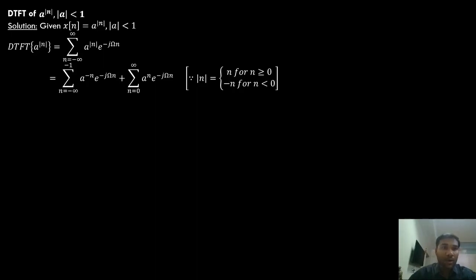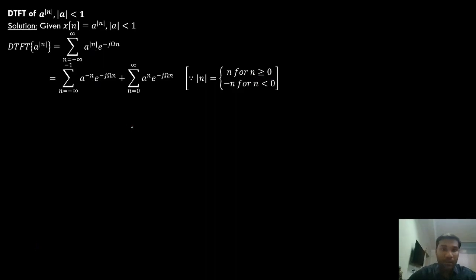So what I am doing is separating this summation into two summations. From minus infinity to infinity, I am writing it as minus infinity to minus 1 and then 0 to infinity. For positive values of n, I will replace mod n with n, and for negative values of n, I'll replace mod n with negative n.